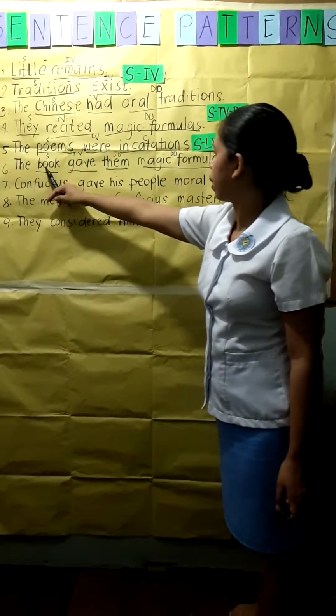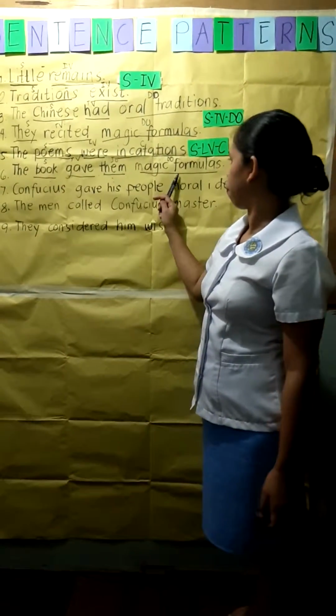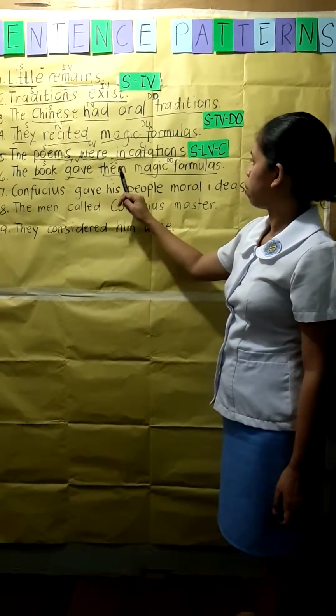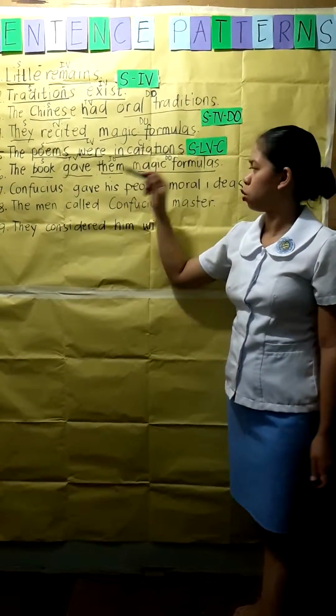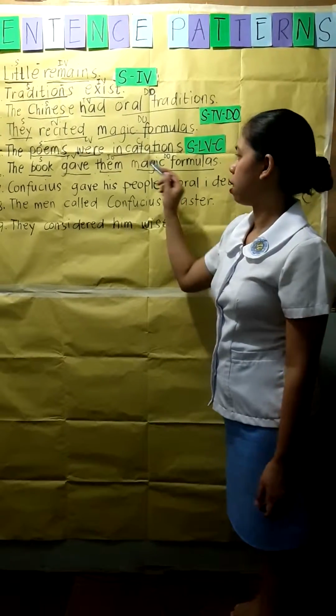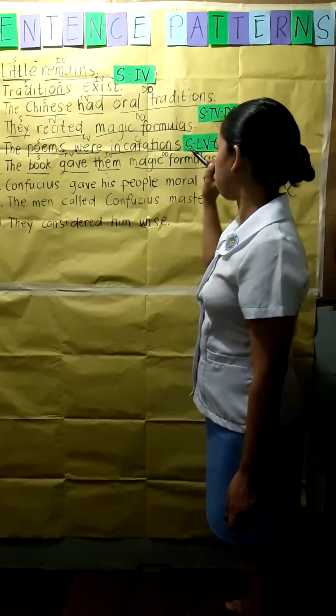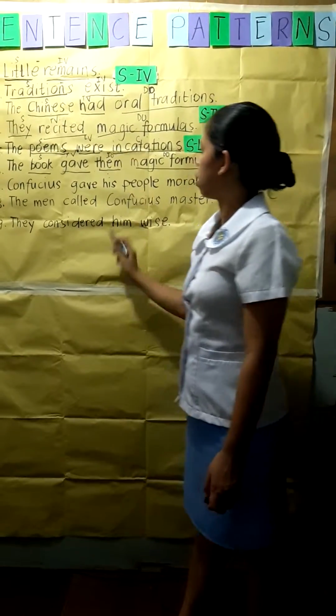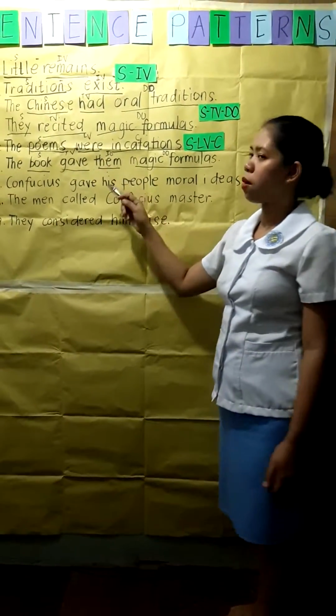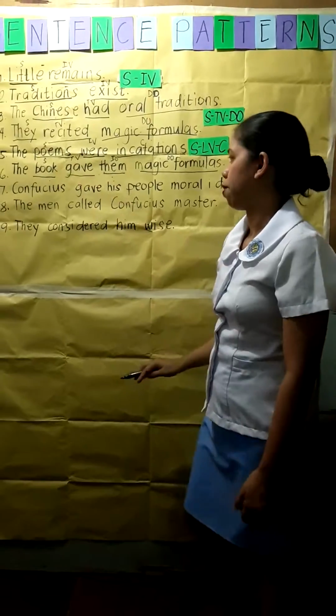So what did the book give? So it gave magic formulas. So that is your direct object. While them, it answers the question, to whom did the book give magic formulas? So to them. So that is why it is considered as indirect object. So it is the indirect receiver of the verb.